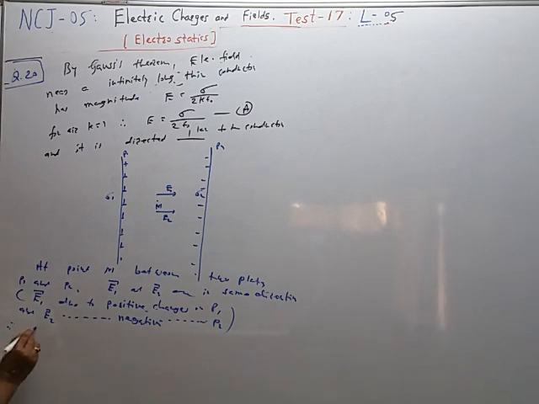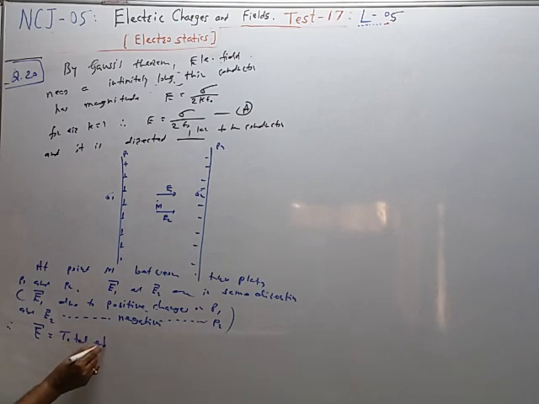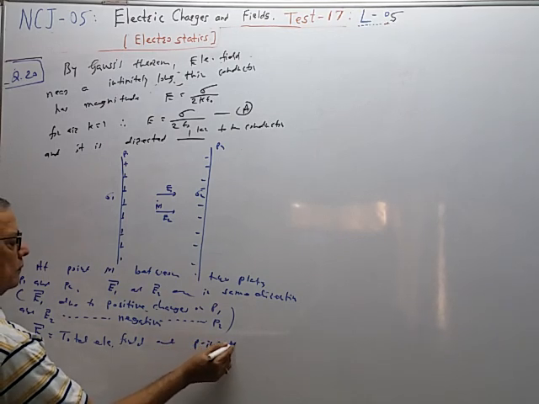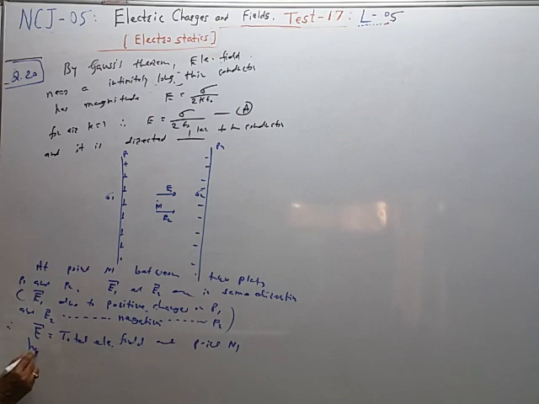Therefore, E is equal to the total electric field at point M, which has magnitude.